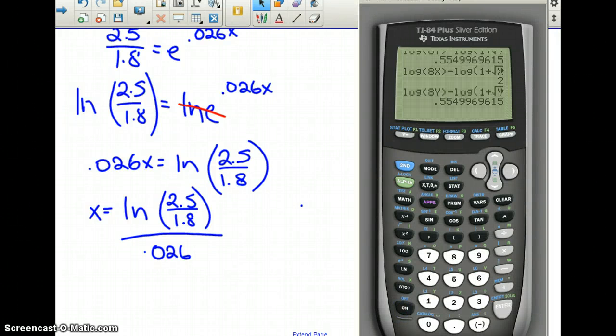So, in the calculator, natural log of 2.5, close, nope, not close, sorry, divided by 1.8, now close, all divided by 0.026, enter, 12.6. But what does that mean? 12.6 what?